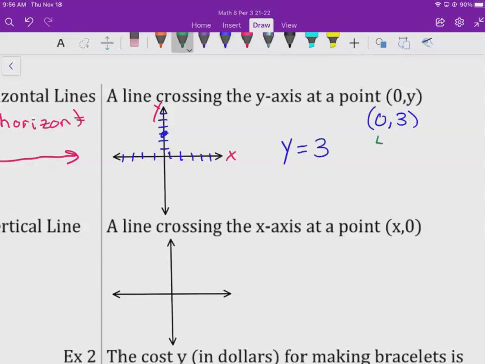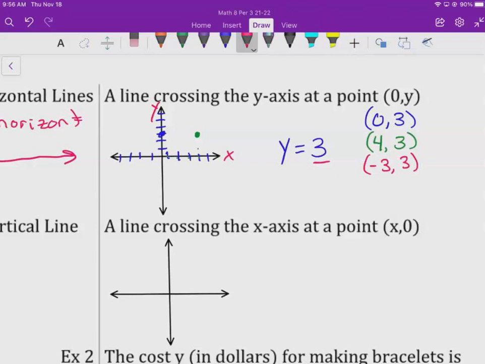Then 4, 3. Okay, so I'm going to go 4 to the right, up 3. Then I'm going to do negative 3, 3. Remember, this one says make your y coordinate 3. So I'm going to go 3 to the left, and up 3.